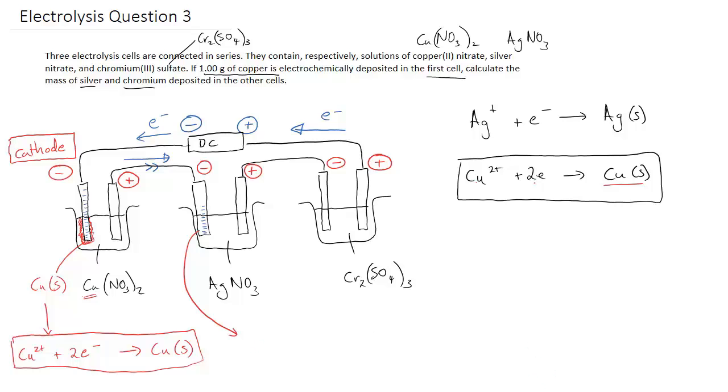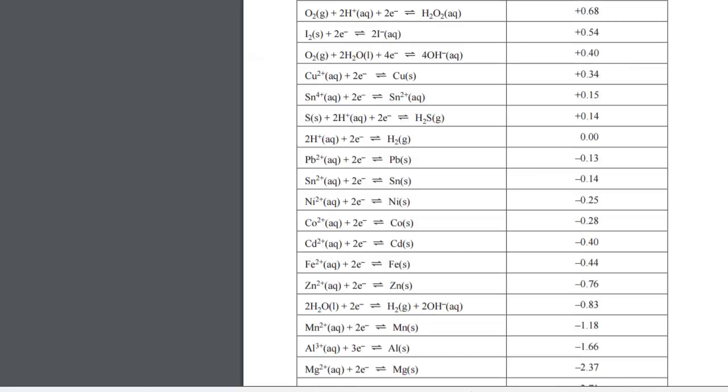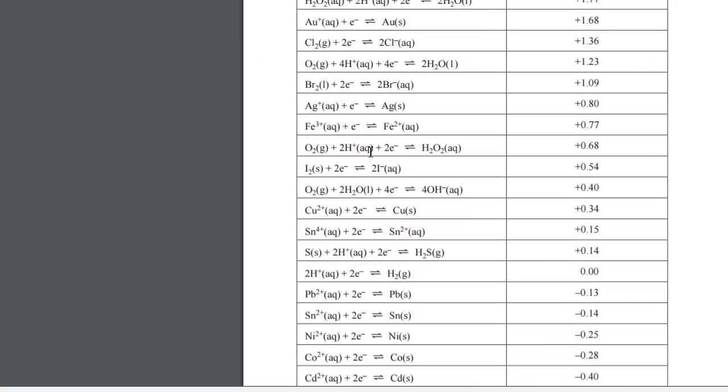Now, if we go back and look at our electrochemical series, we have to be very careful with where water is positioned, right? Because if water happens to be better at gaining electrons than silver ion does, then water is going to be the reaction that takes place. But we can clearly see that silver ions are pretty high up on the electrochemical series, and they're pretty comfortable with gaining electrons.